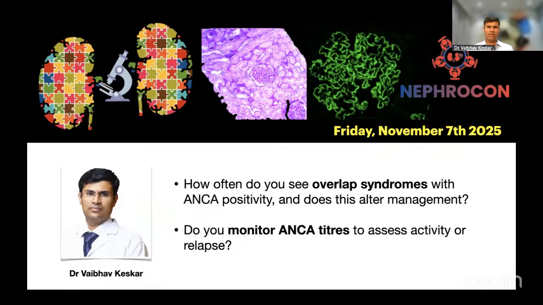While in a run-of-the-mill anti-GBM case, we do not treat if they present requiring dialysis, it's not the case if ANCA is also positive. So the treatment is offered as if they are ANCA-associated vasculitis. These patients almost always should be given maintenance treatment to prevent the relapses of ANCA. So this is the most common scenario we see.